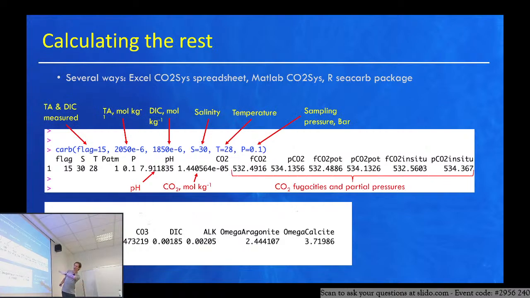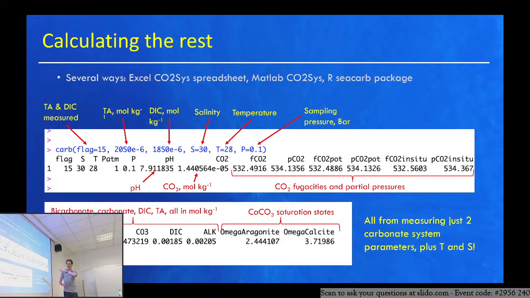We get our bicarbonate and carbonate concentrations, and our mineral saturation states. It's a bit of a horrendogram as well, but fundamentally it's a lot of bang for your buck from measuring any two things out of four, plus salinity, temperature, and optionally a couple of other things.